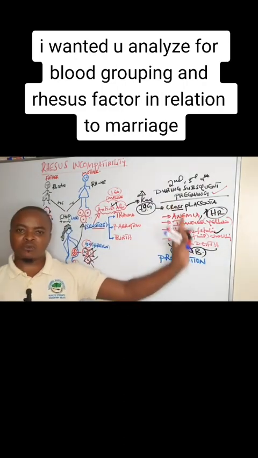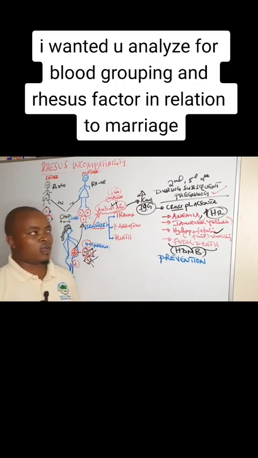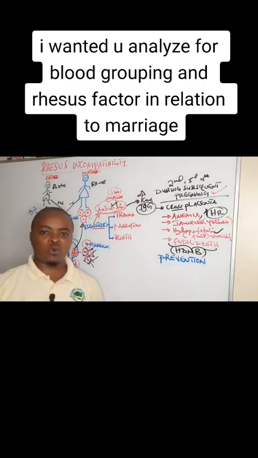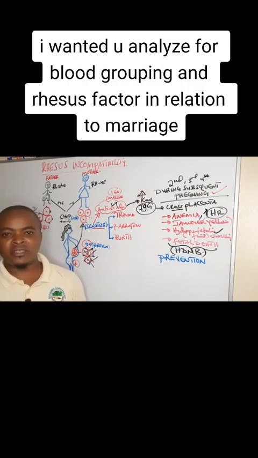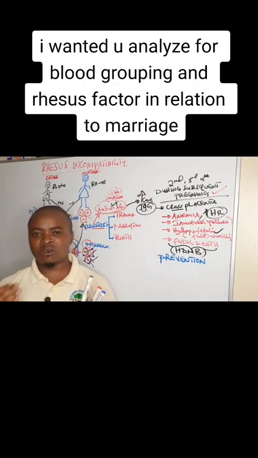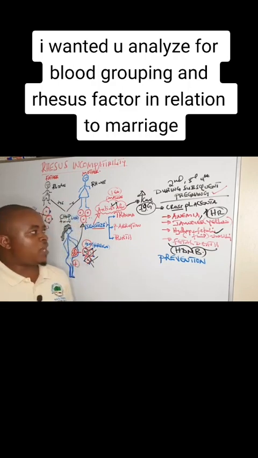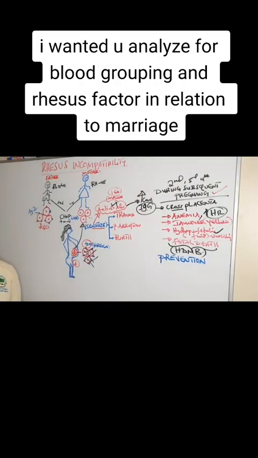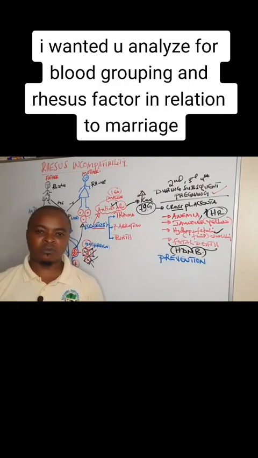So this is what will happen in the second, third, or later pregnancies when a Rhesus positive man marries a Rhesus negative mother. But this is solved by doing antenatal care. That's why we encourage blood grouping, both ABO and Rhesus, during antenatal visits. When doctors discover that a man is positive and a woman is negative, there is a preventive method. It does not mean your marriage should stop.